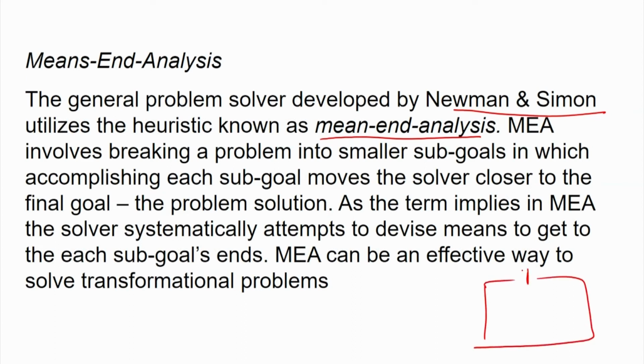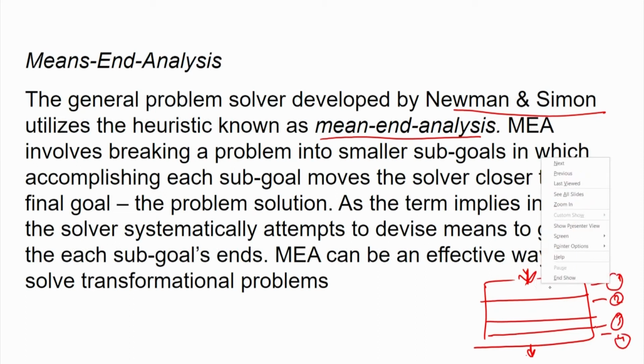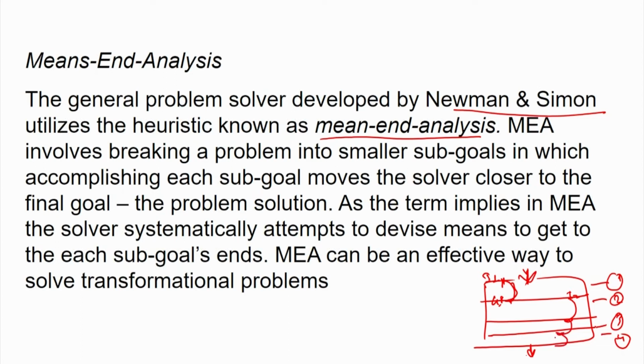If this is my problem state, the initial state, and this is my goal state, means ends analysis says that I take this problem and break it into 4 different parts, each of which is solvable. Then this part becomes my initial state 1, and this is my goal state 1. So, I first think of solving this part of it, and then when this goal state becomes the initial state to problem 2, I solve this part of it, then I solve this part of it, and then I solve this part of it.